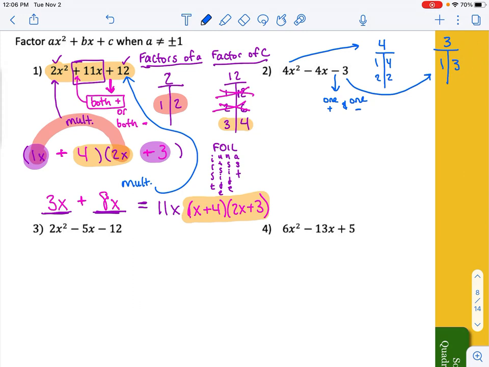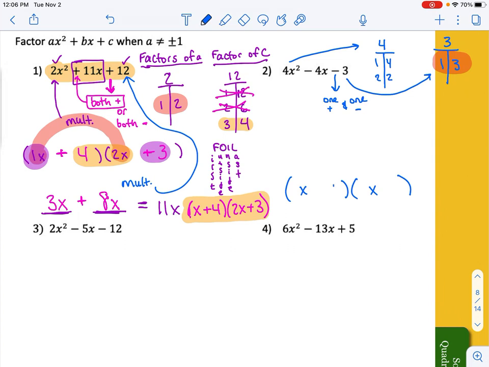So we know for sure when we write out our solution, we are going to have something x plus and something x minus. Now, I don't usually put those signs in there right away because they kind of change here and there. So it really depends.